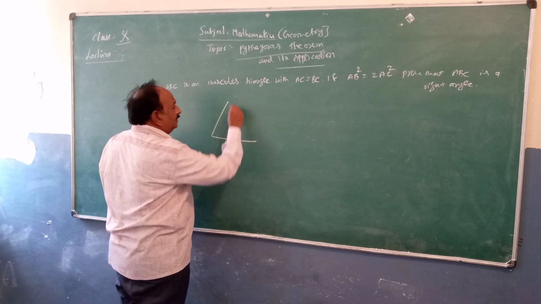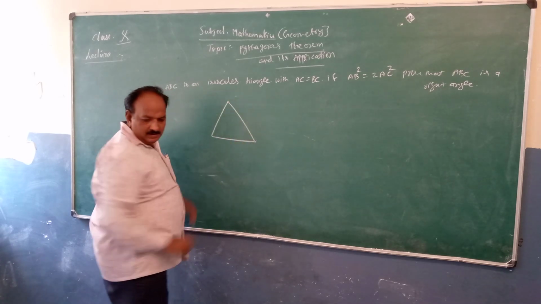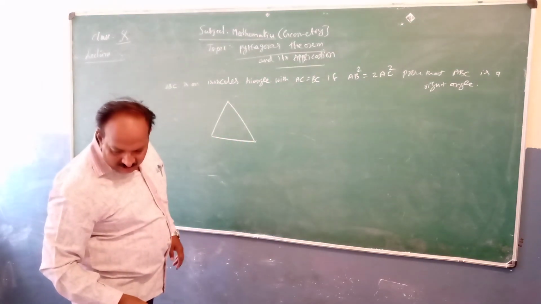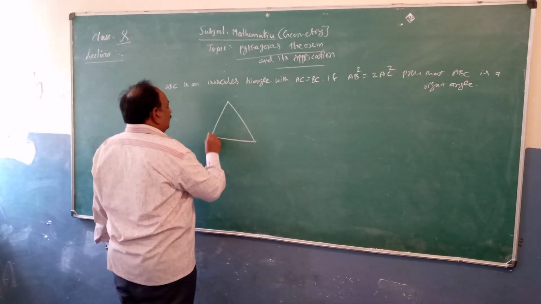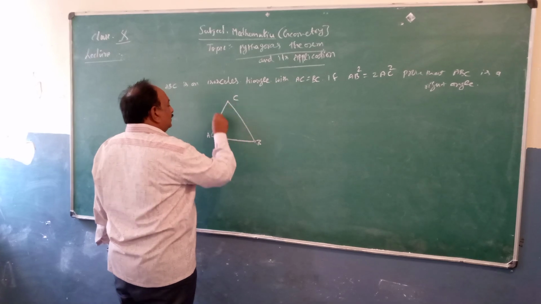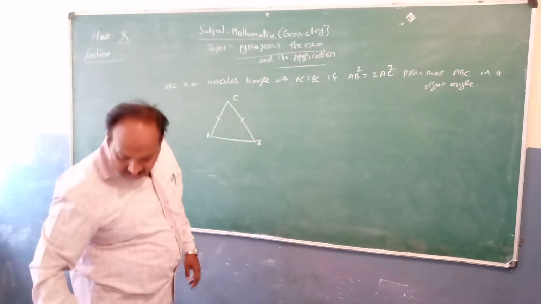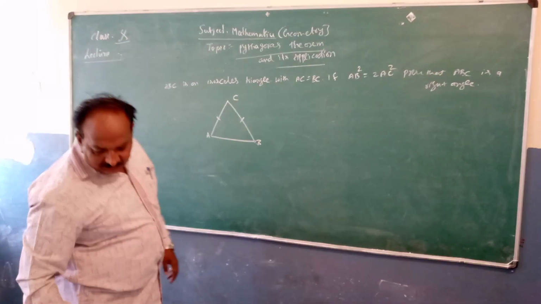ABC is an isosceles triangle with AC is equal to BC.